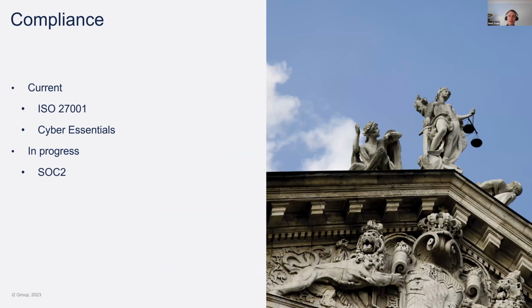Now, the important thing about these things is, whilst I can put up some slides and claim that I've done all the work and it's all going to be amazing, we should probably check our homework. So what we have done is we've already got ISO 27001, and we have the Cyber Essentials certification in the UK.